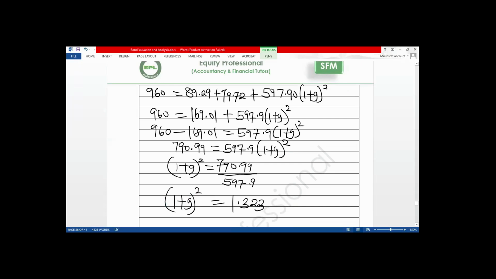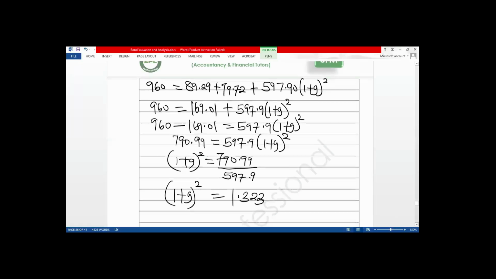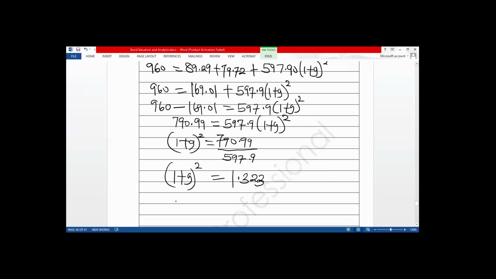Then we have the square here. We can move the square over, and that becomes square root. That means 1 plus G is equal to the square root of 1.323. Let's get the square root.